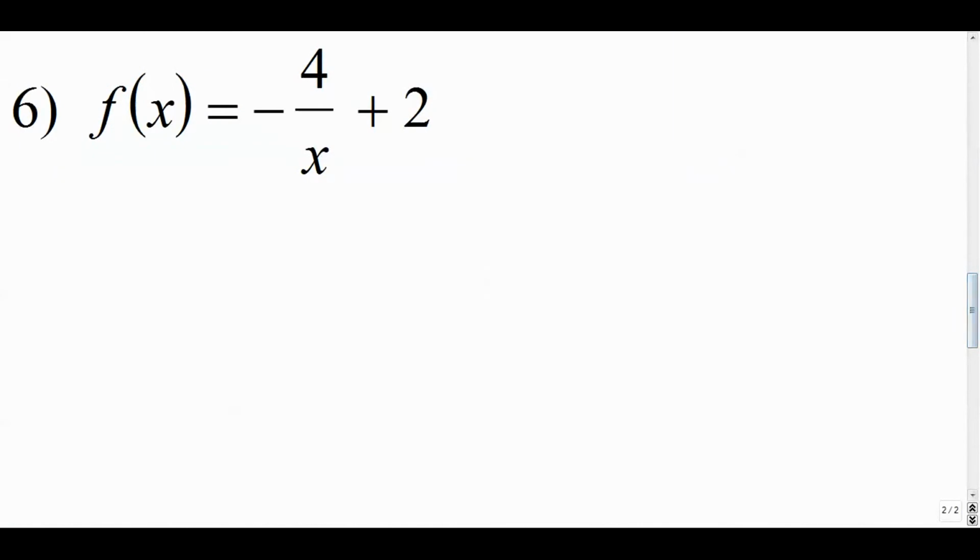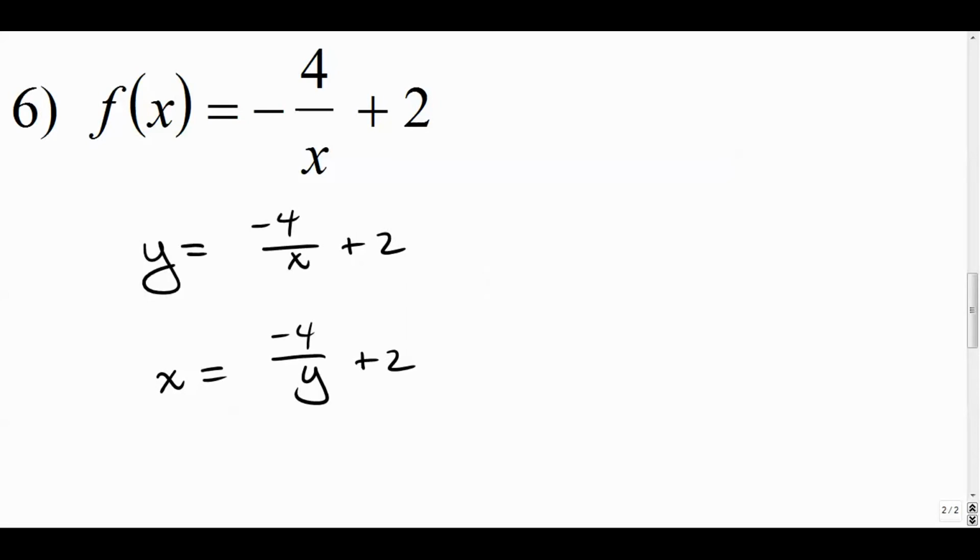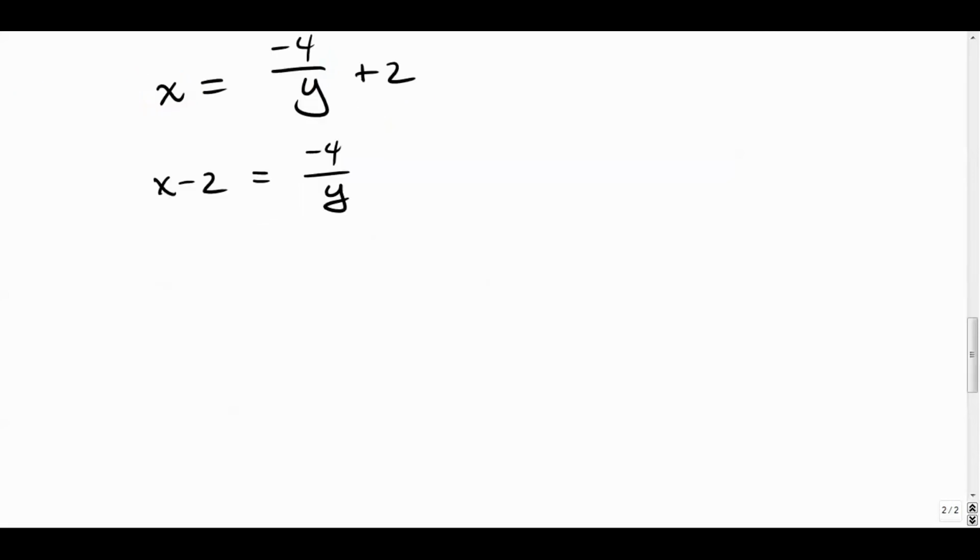Number 6. Replace the f of x with y. Replace the x with y. And solve for y. So again, we have a proportion.